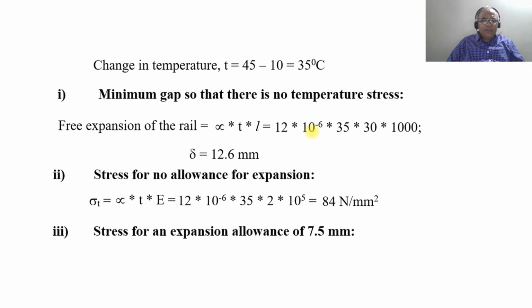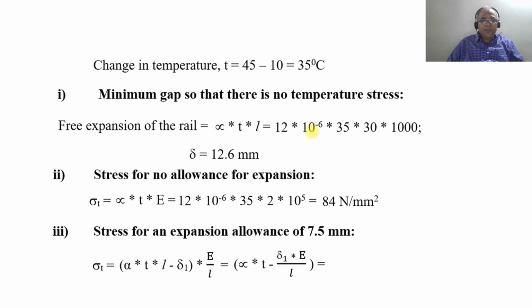And number 3, the stress for an expansion allowance of 7.5 mm. So sigma T will be equal to alpha into T into L minus delta 1 into E by L. Here alpha is the coefficient of thermal expansion, T is the temperature, L is the length of the member, and delta 1 is nothing but the expansion allowance.